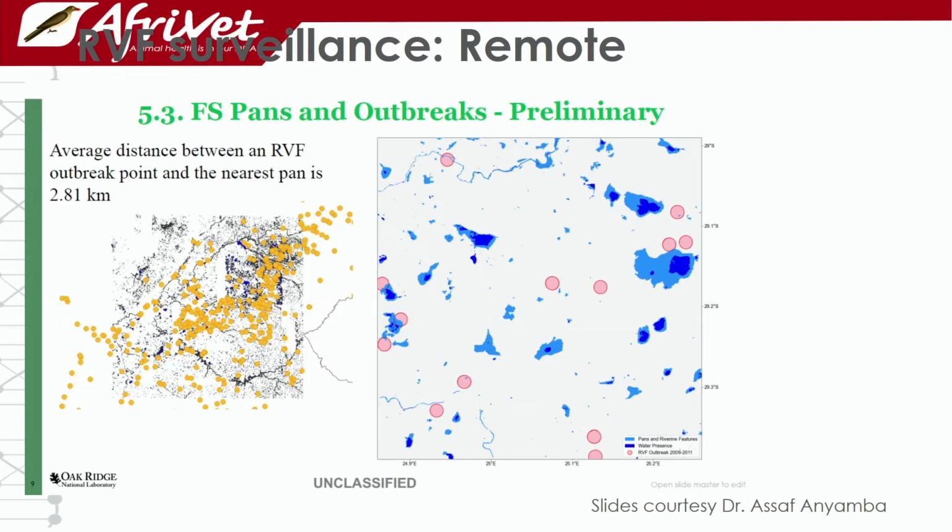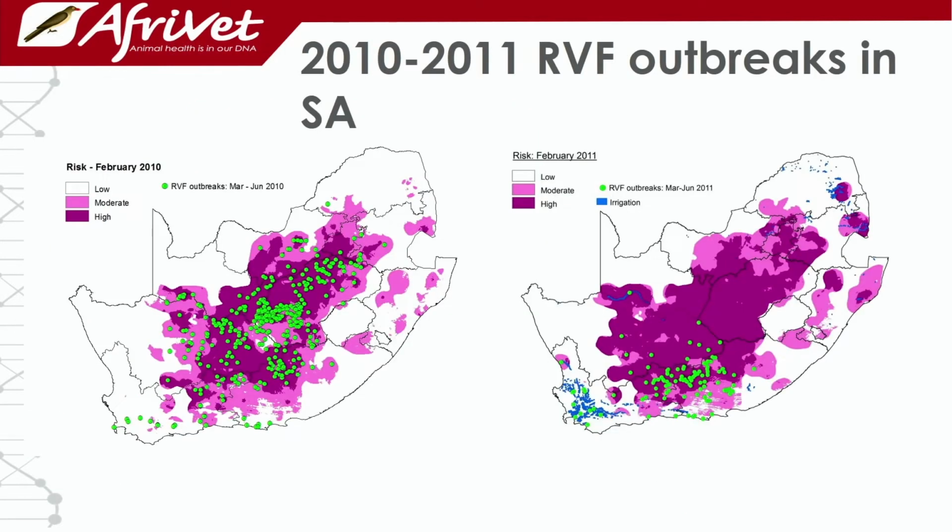This study, done with this program in the Free State and some parts of the country, has clearly demonstrated that when water accumulates over a period and the vegetation changes, the outbreaks are occurring not far from those areas. A bit earlier, they also did some mapping where they could clearly show where the outbreaks have been reoccurring, which corresponds to the areas of high risk that I showed earlier.